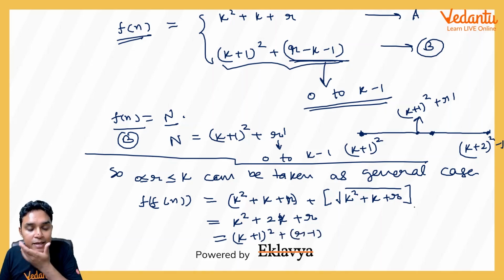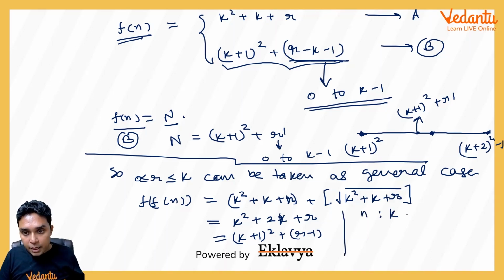So what you can notice here is that my first n, which was actually k square plus r type, my f(n) has become k plus 1 whole square plus r minus 1.